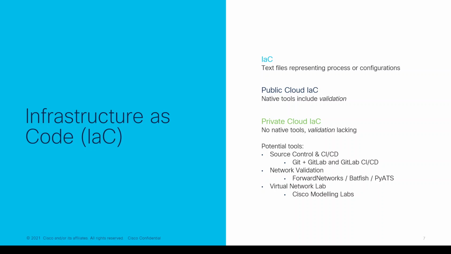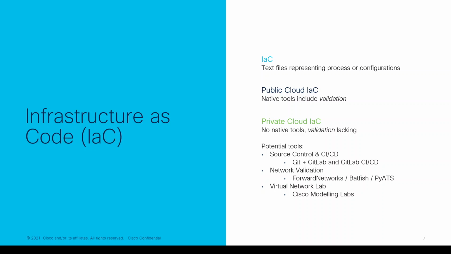So you commit the configurations as a text file, aka code, to your source control, and then perhaps you leverage some CI/CD mechanism to spin up a virtual lab for your network inside of Cisco Modeling Labs.